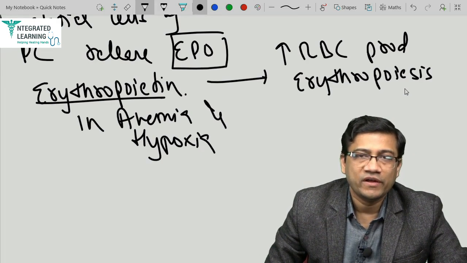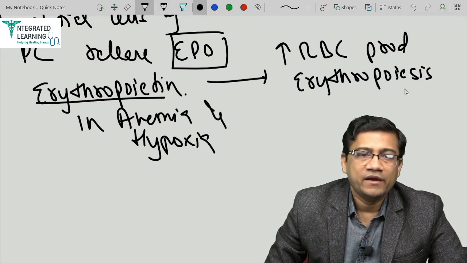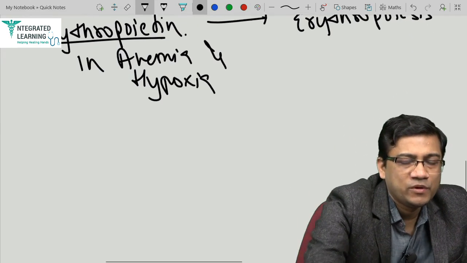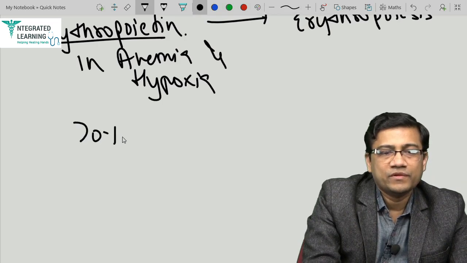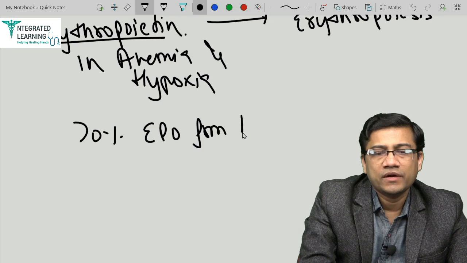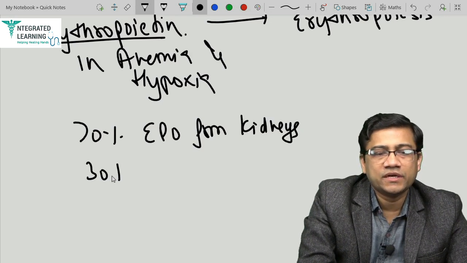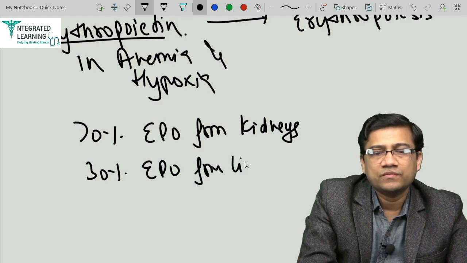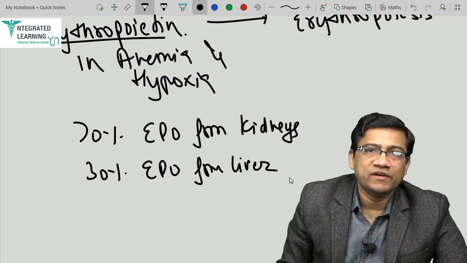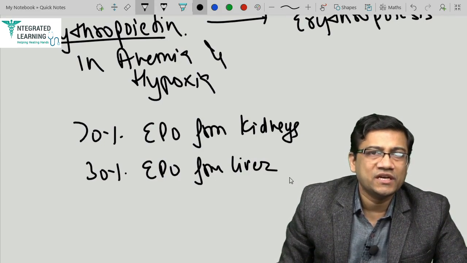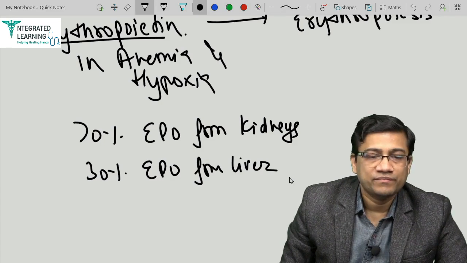Okay. Fine. And is the kidney making all of it? No. Around 70% of EPO comes from the kidneys and around 30% comes from the liver also. So we have renal and extrarenal sources of EPO.